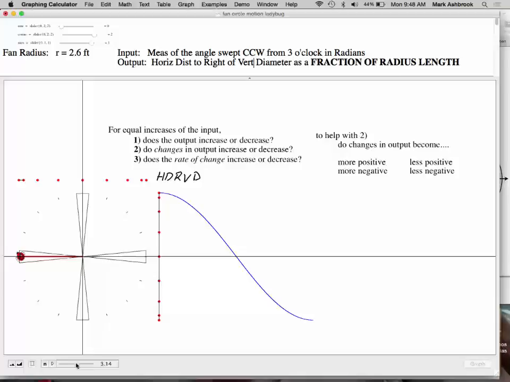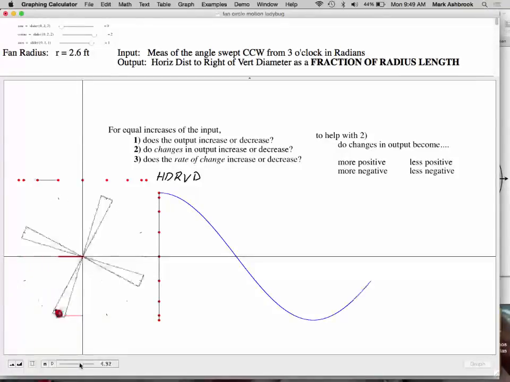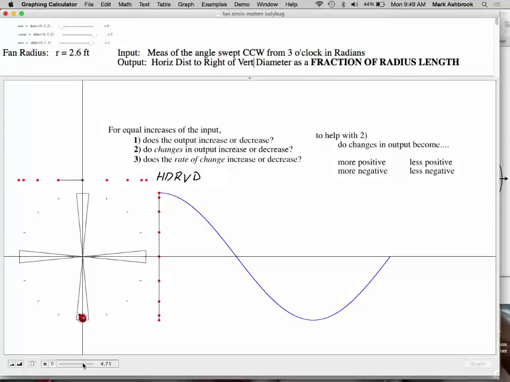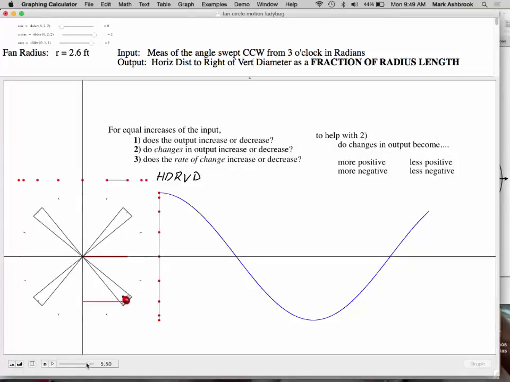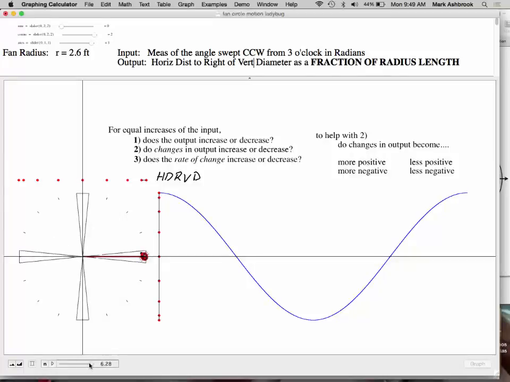Here the horizontal distance is -1, and as the angle changes to 3 pi over 2, that horizontal distance increases from -1 to 0. And then finally, the horizontal distance continues to increase from 0 to 1. Here the horizontal distance is 0, so we're not to the left or the right of the vertical diameter. Increases from 0 to 1.